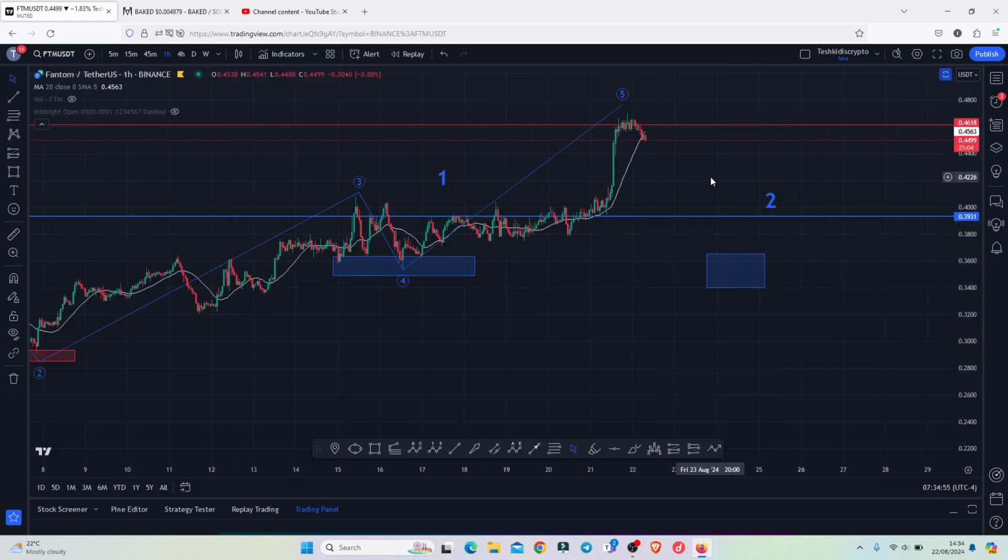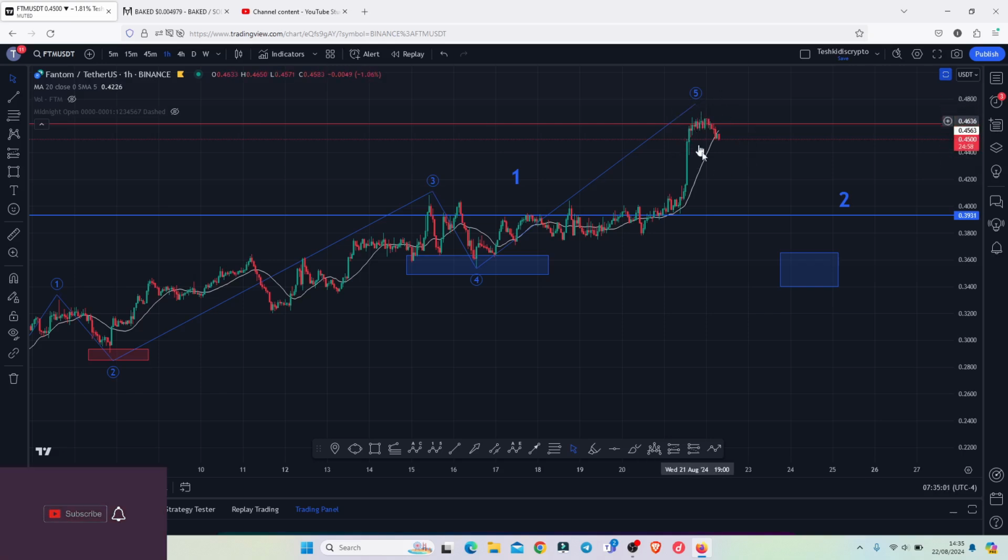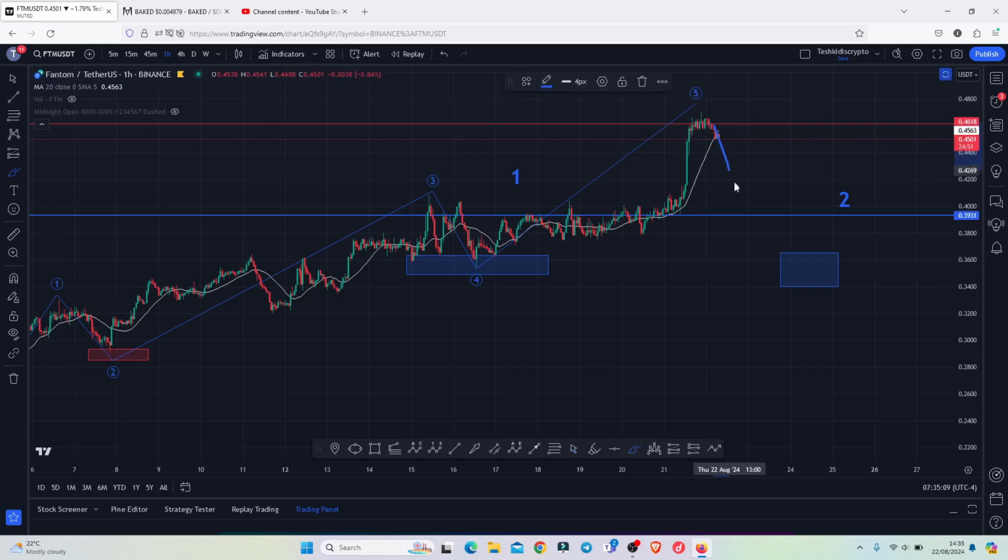So there are high chances that in case in the next coming hours we continue seeing this pullback over here after rejecting at our key area of resistance at the 0.4618, we can easily see a pullback into support at the 0.3931, and if that continues to hold, we can expect a bit of a short-term bounce before we can see another breakdown move to fully maximize my minimum target area highlighted on the charts using this blue target area.